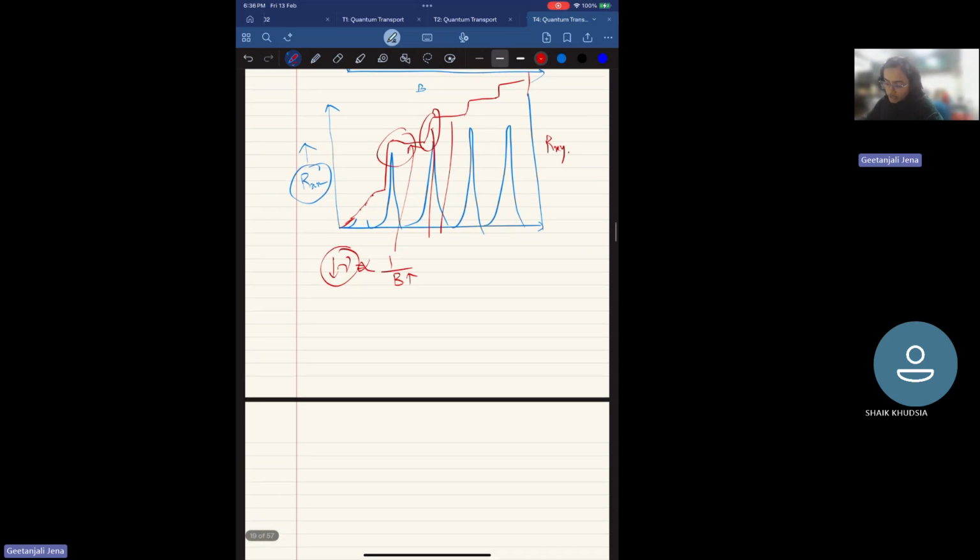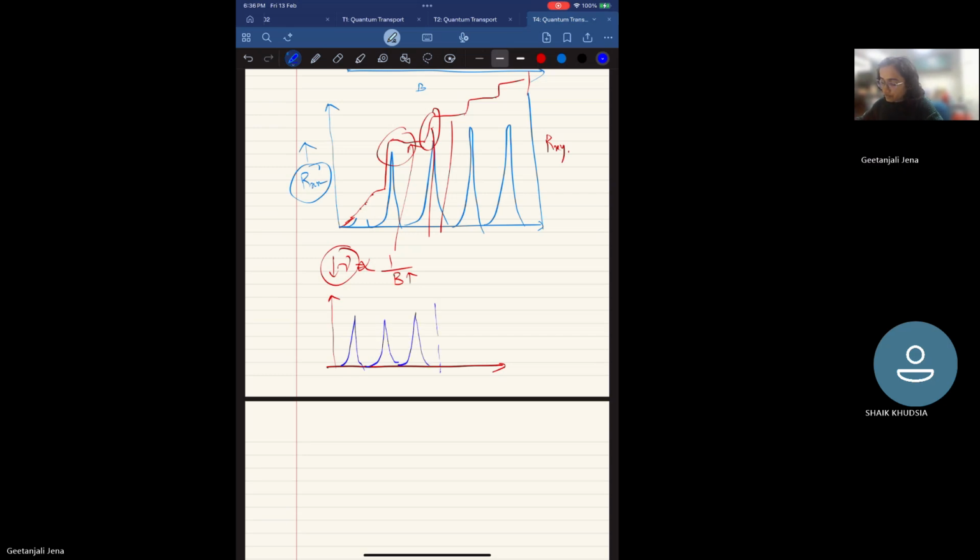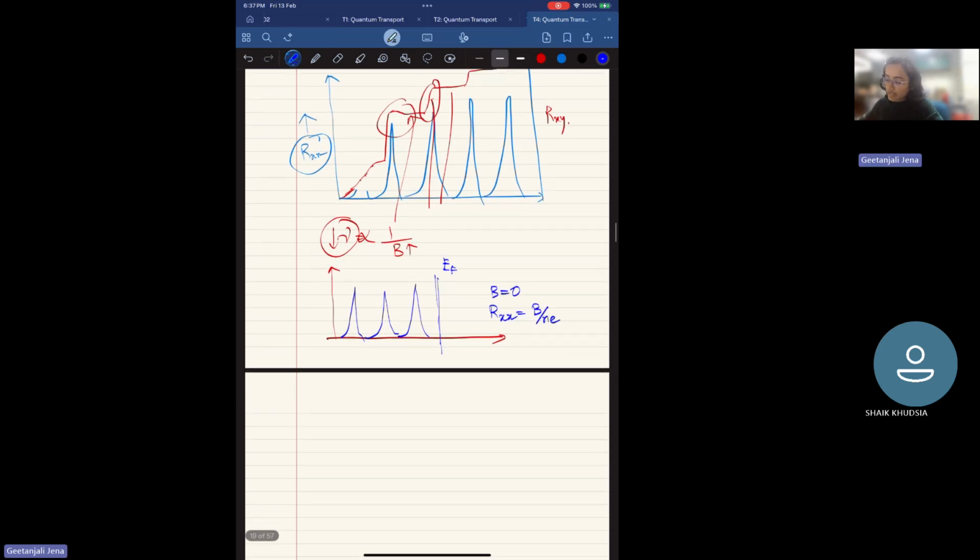Let's say initially we have the Landau levels that are occupied below the Fermi level. This is for the case B equal to 0. For this case, when B is 0, Rxx will be B by Ne, and Rxy will be 0 because there is no magnetic field.